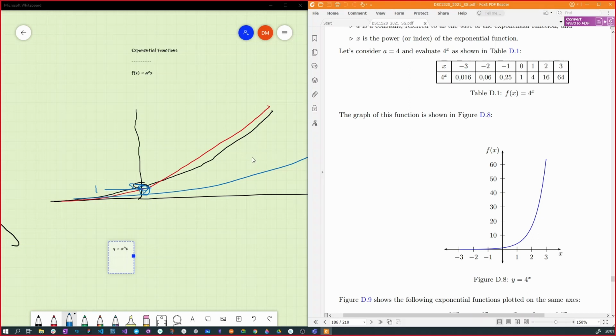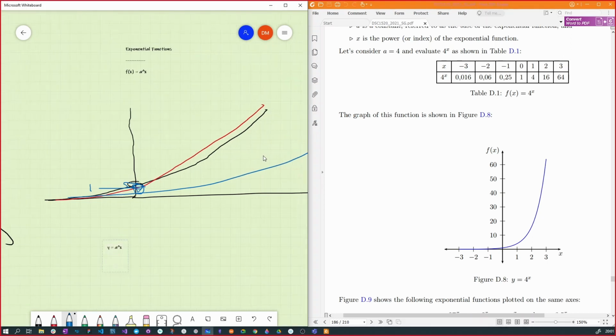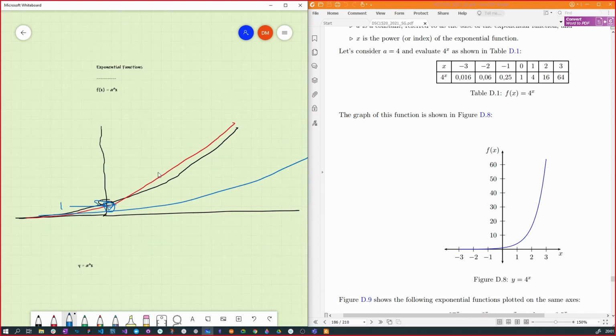So now, how do we determine how fast this line is increasing, or the slope of this line, right? That's determined by whatever a, the base, is. So obviously, if a is 2, then we might have this black line as represented here.